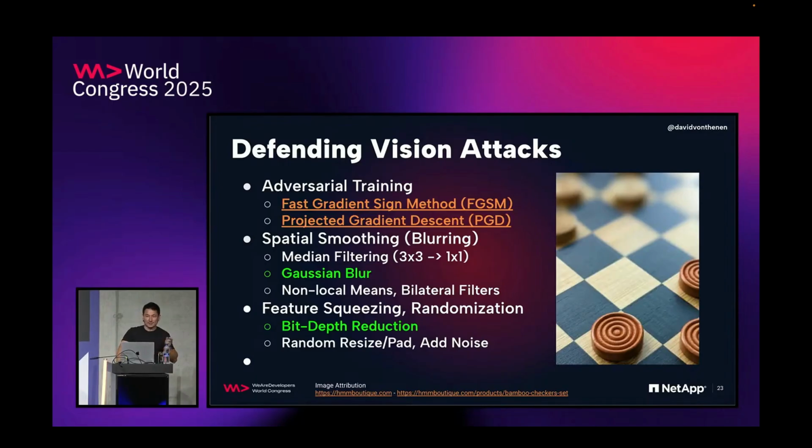So we're going to do a couple more demos. We're going to take a look at Gaussian blur. If you blur the image, believe it or not. And if you do bit depth reduction. So if you played video games, you always wanted the 32-bit graphics. If you do the bit depth reduction down to 16-bit graphics, your pixel density becomes less, so it starts to smooth things out too.